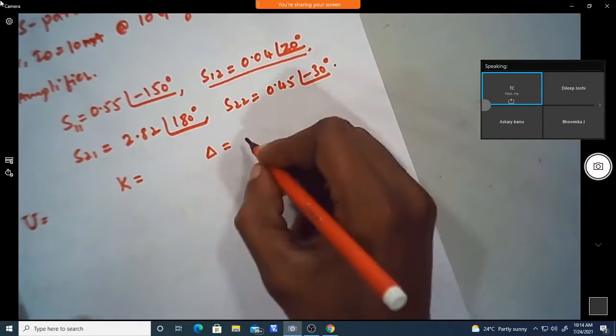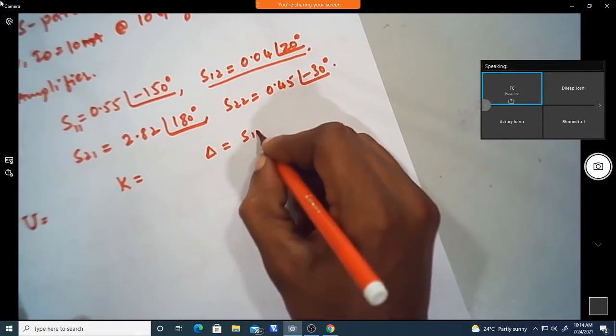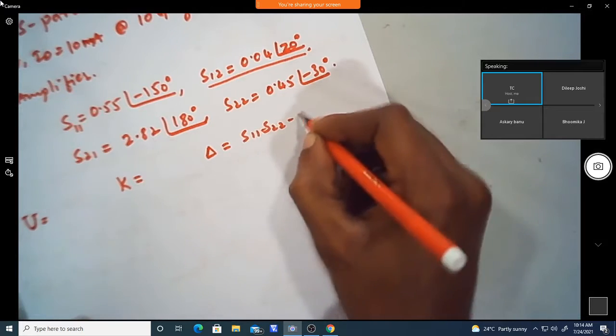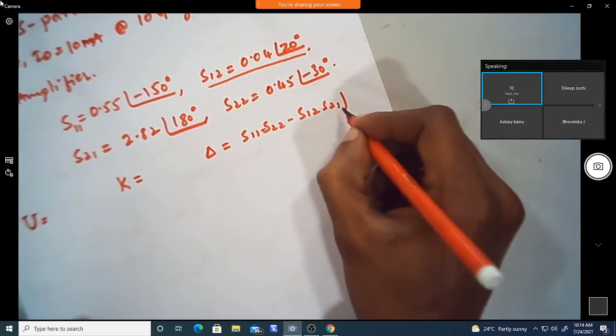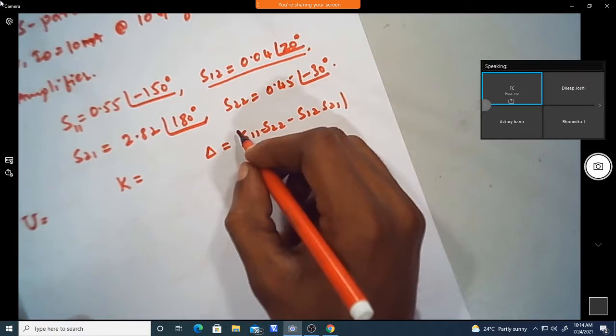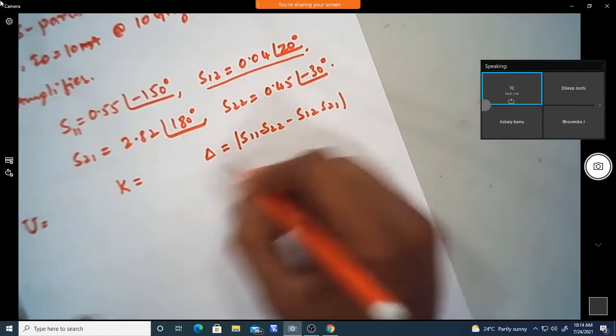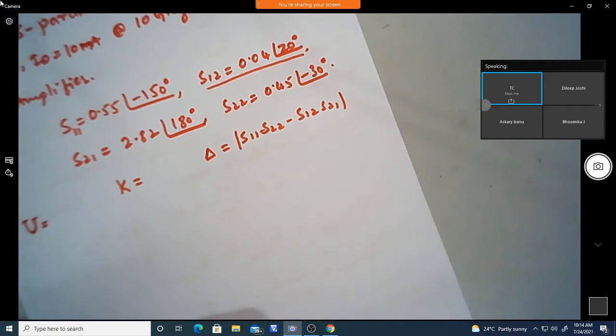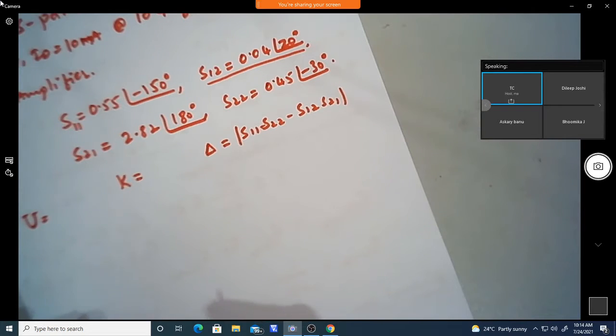Delta is S11 S22 minus S12 S21, and you can take its magnitude and find the value. The K value is 1 minus |S11|² minus |S22|² plus |delta|², divided by 2 |S12 S21|.